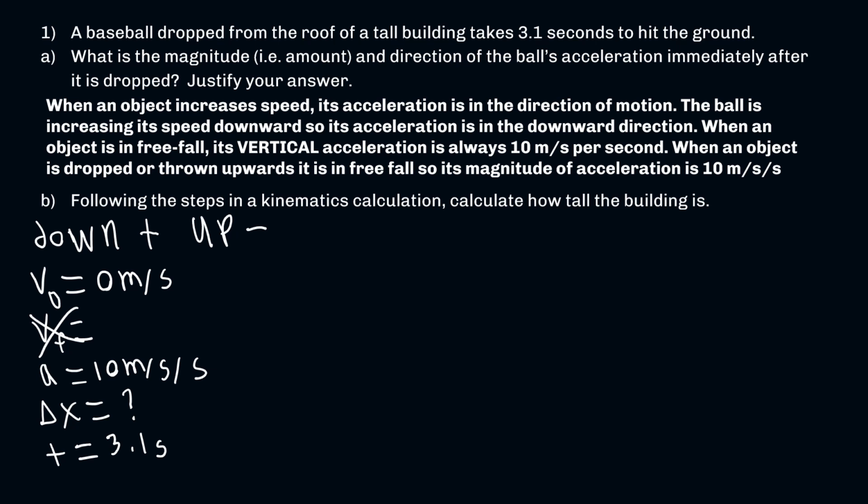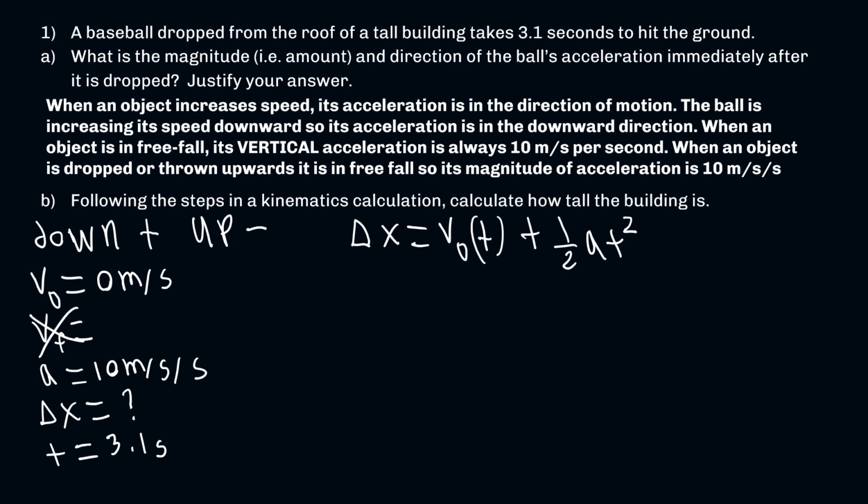And the equation I'm going to end up using is my displacement equation. So that's going to be here the change in x equals v naught times t plus 1/2 at squared. Anybody in Regents that happens to stumble upon this, it's the same exact equation as d equals vit plus 1/2 at squared, just with different notation, but the same exact idea.